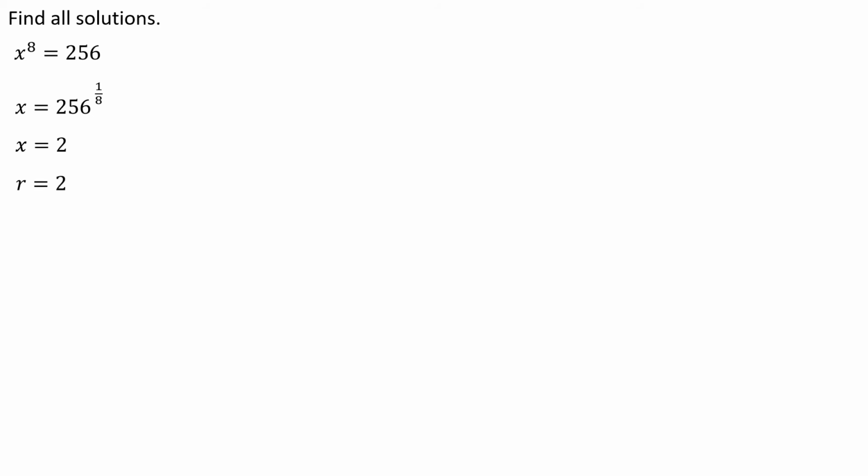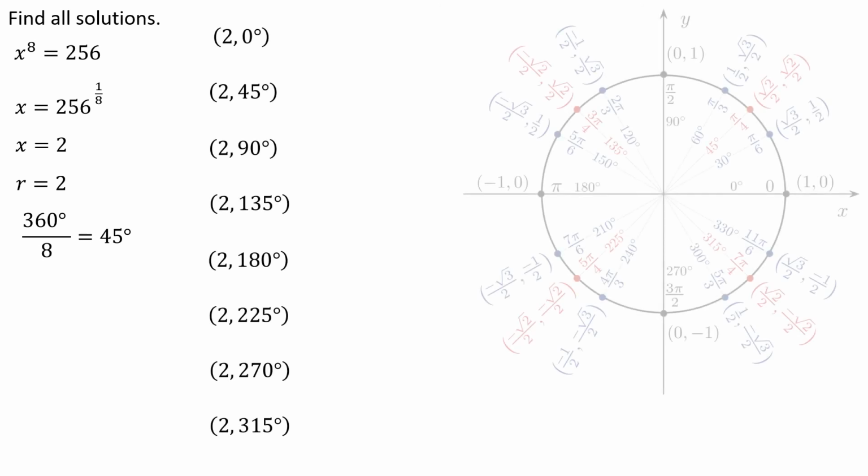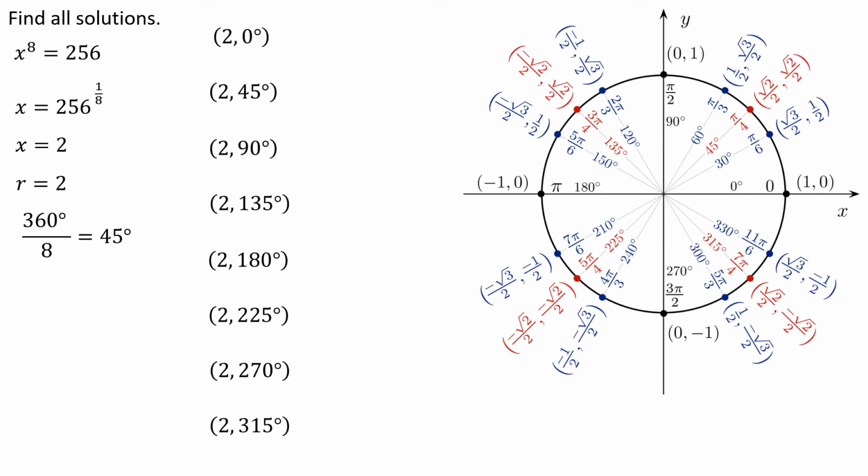I know each time there'll be 2 units from the origin. And because there are 8 solutions, they'll be separated by 45 degrees. So those are my 8 solutions to that equation. Right? It's always a distance of 2. And I just keep adding 45 degrees as I run around that circle.